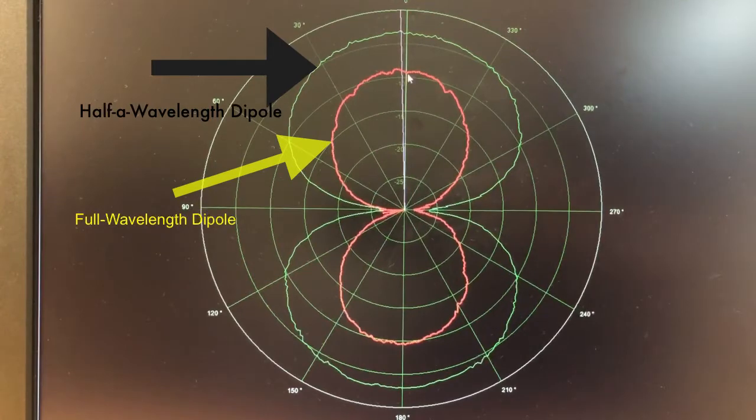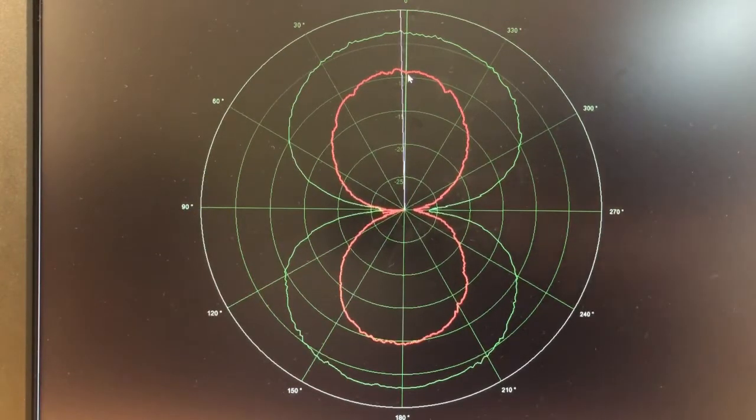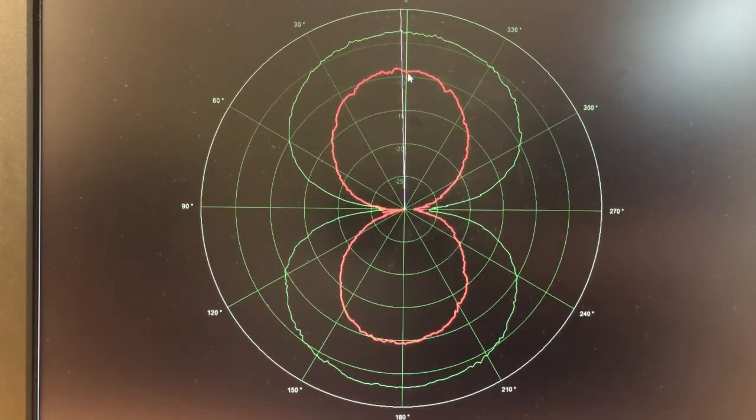So the question is why the signal received by the 1 lambda dipole antenna is smaller compared to the half wavelength dipole antenna. To understand this, you need to understand that here we are not measuring the directivity of the antenna. We are measuring the received signal.